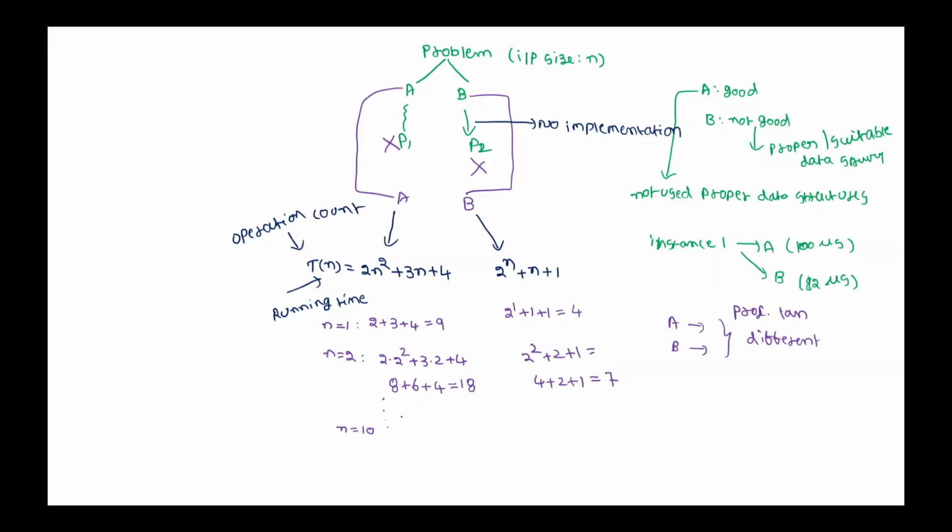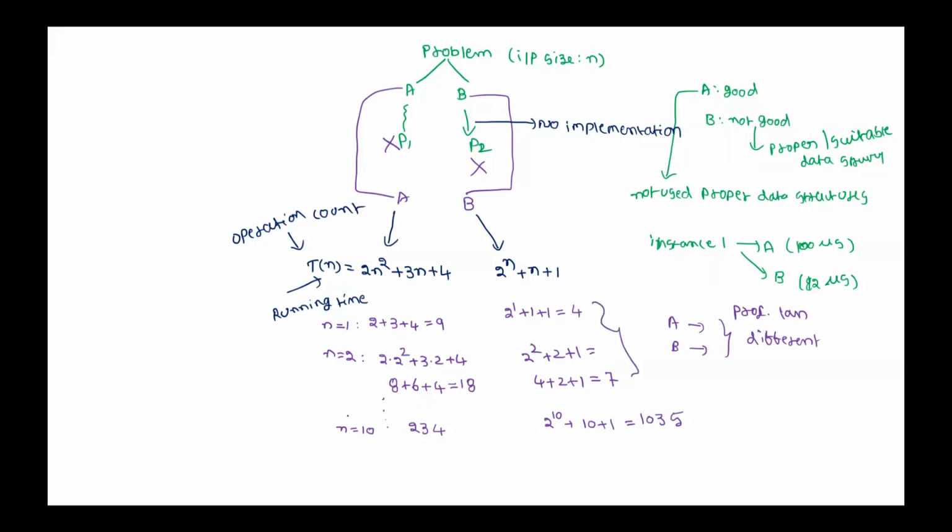So if n equal to 10, what is this value? 234. Here it is 2 power 10, 1035. For small values, the number of operations performed is very less.